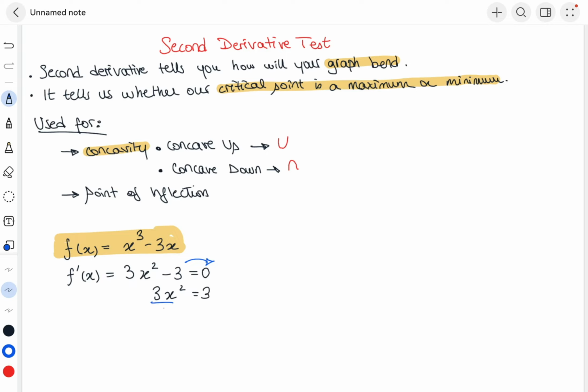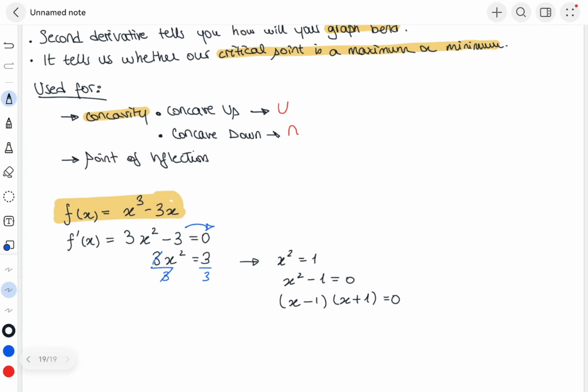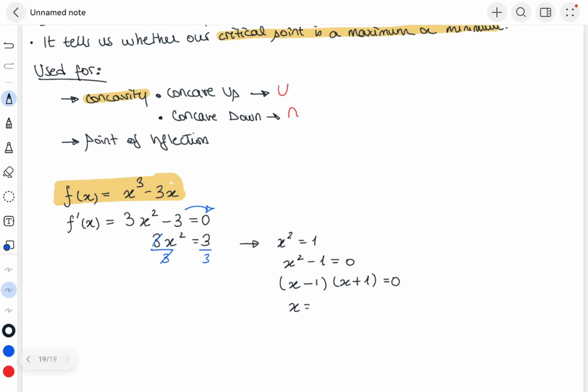We divide by 3, so that we keep x squared by itself. Now we'll have x squared equal to 1, which means x squared minus 1 is 0, which means (x minus 1)(x plus 1) is 0. So x is either 1 or negative 1.